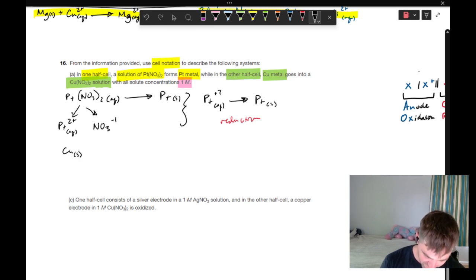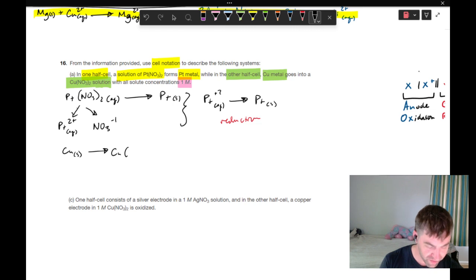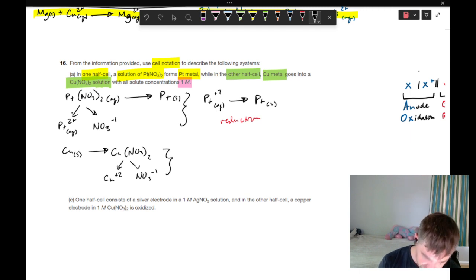All right, so similar, we have copper metal forming copper nitrate. Again, those split. Nitrate always has a -1 charge associated with it, and there's two of them, so our copper must have a +2 charge associated with it.